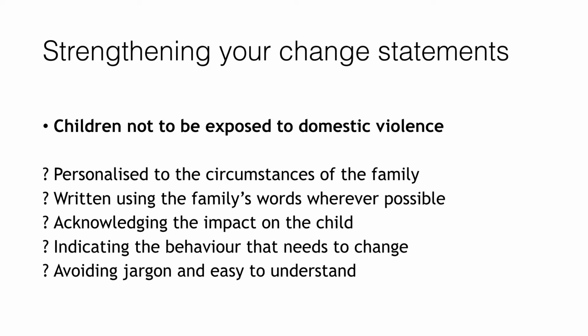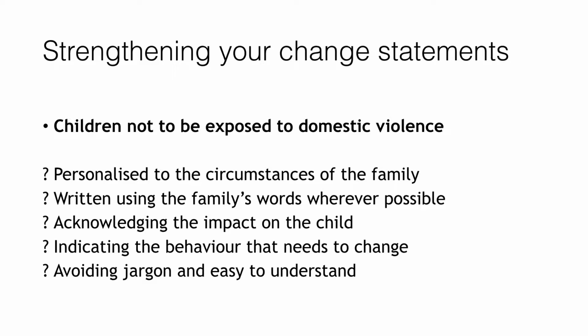If we check against some of the principles of a good change statement, that they are personal to the family, that it's unique to them. But this change statement is very general. It should be written using the family's words wherever possible. And this isn't always possible even in the best written change statements, and we'll discuss this again.